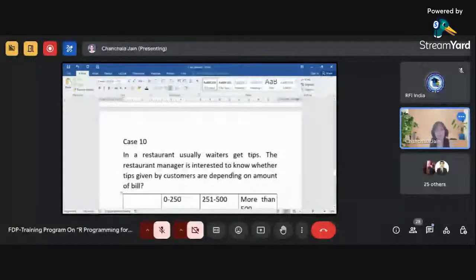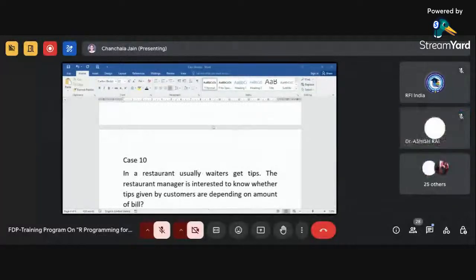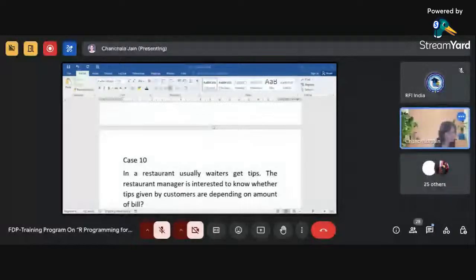Number 10 is visible. Yes, ma'am. Again, ma'am, correlation.